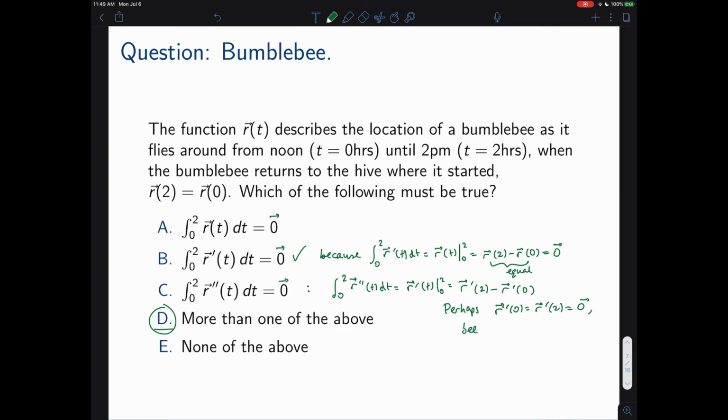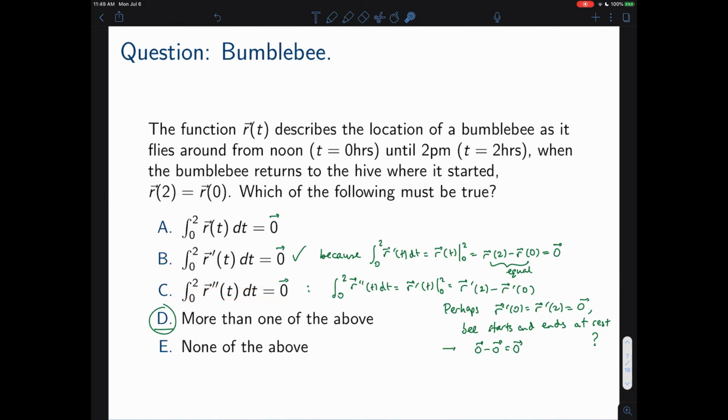So that would say that the bee starts and ends at rest. So if the bee starts and ends at rest, then r prime of 0 and r prime of 2 are both 0, and then we would get 0 minus 0, and that would be 0, and C would also be true.